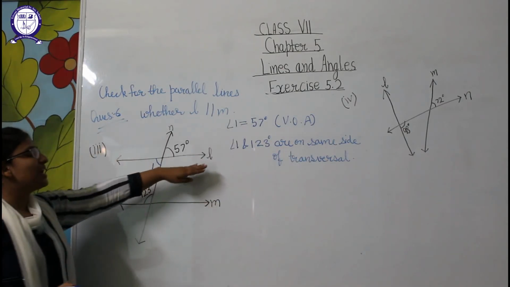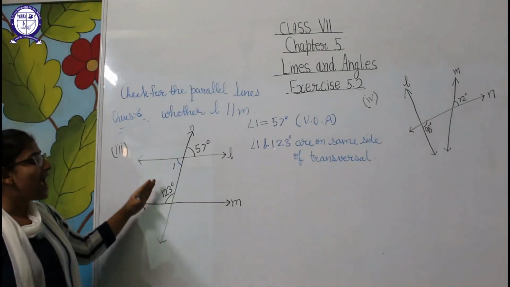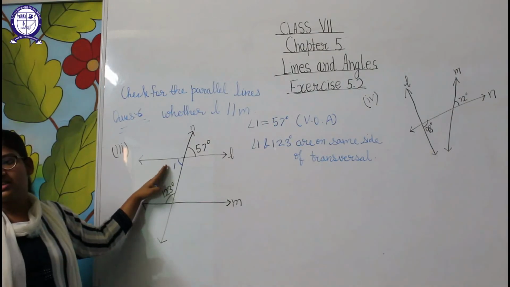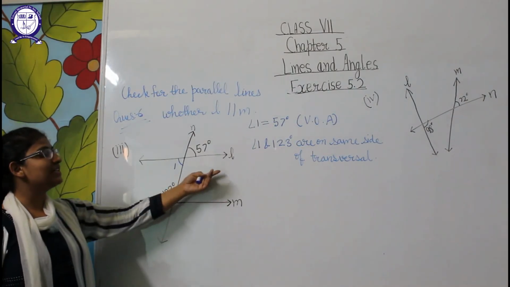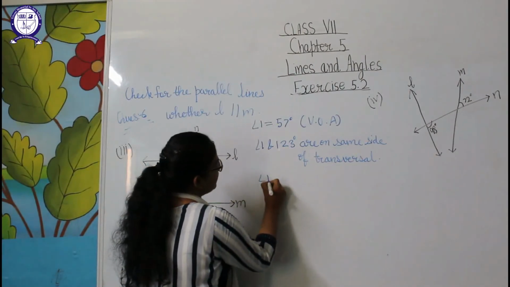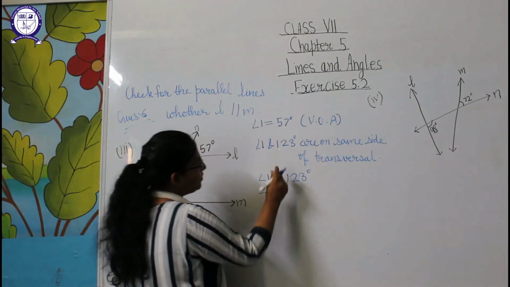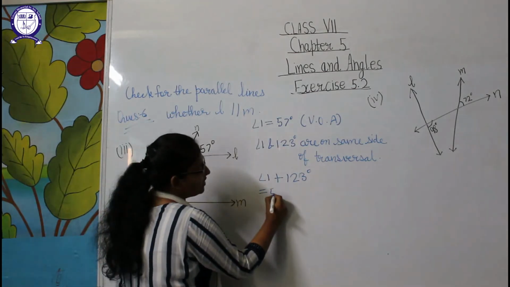Okay, so to check whether L is parallel to M or not, we will check by adding these two, and if the answer comes out to be 180 degrees, then we can say that L is parallel to M. So we will add angle 1 to 123 degrees. Here what is angle 1? Angle 1 is 57 degrees.